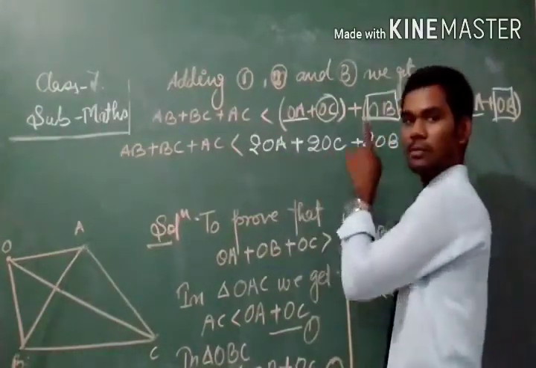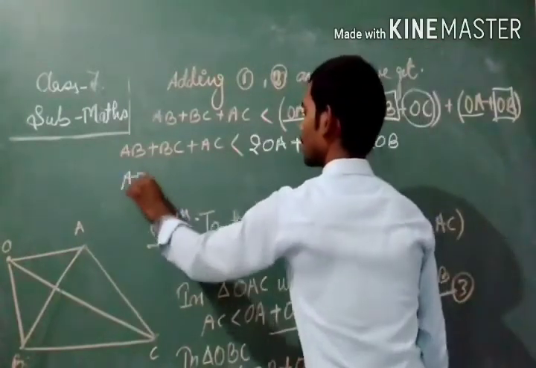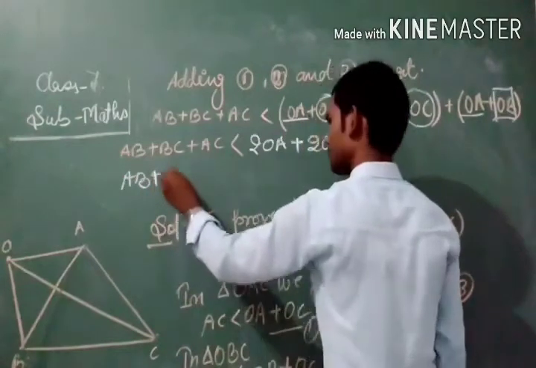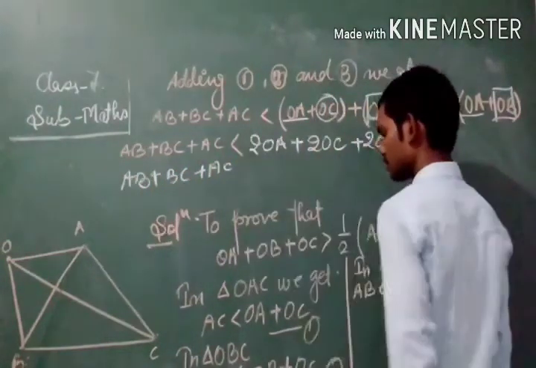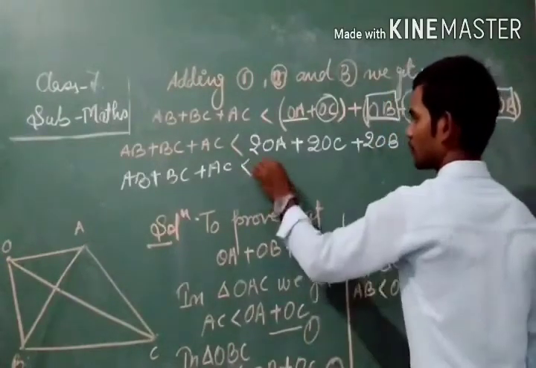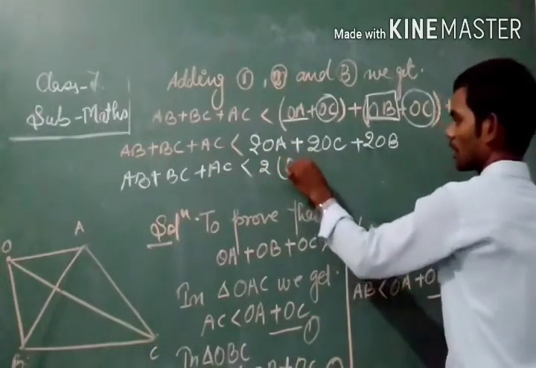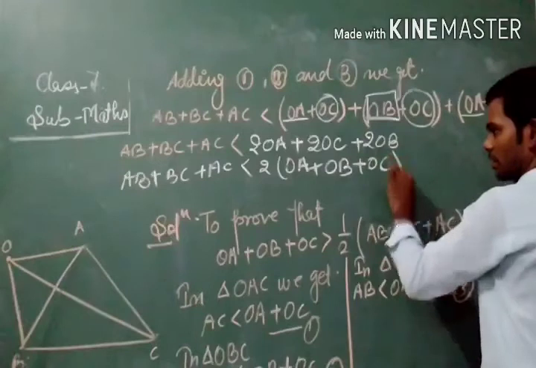In all terms 2 is common, so AB plus BC plus AC is less than 2 times (OA plus OB plus OC).